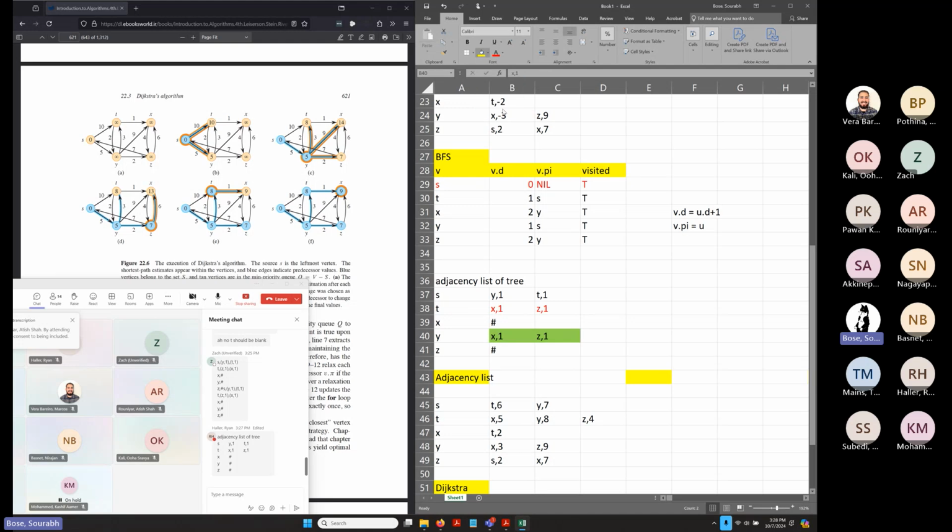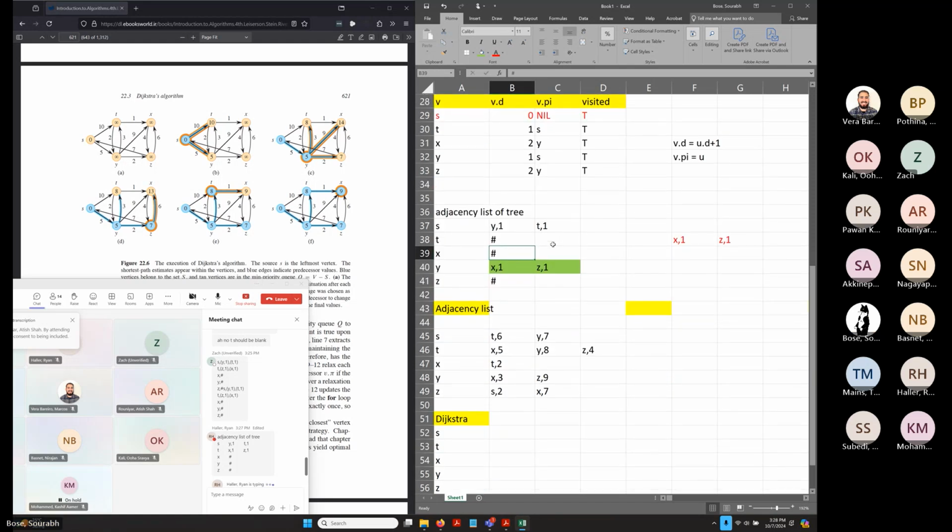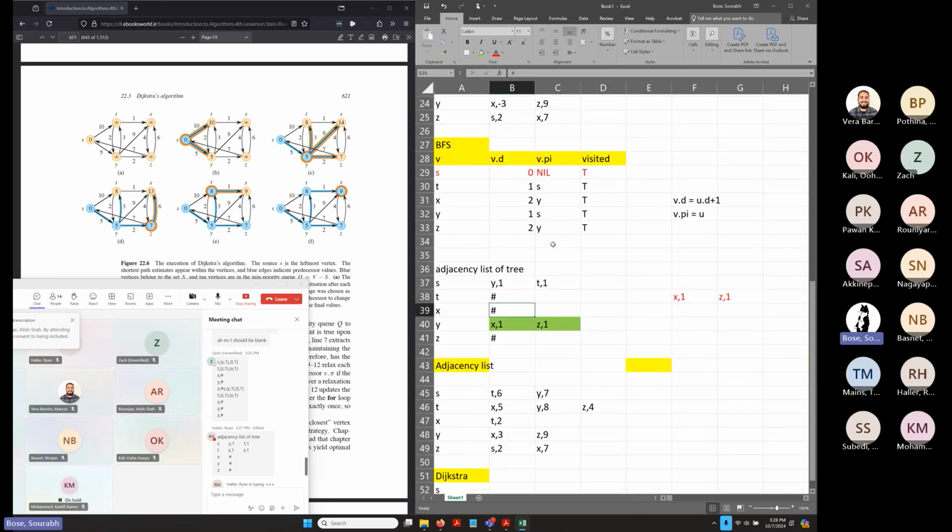In our case, it is going to be this and not this, because we did not explore via T, we explored via Y. Hope that made sense.